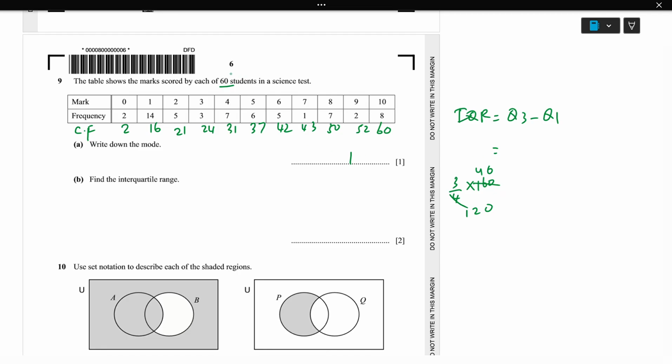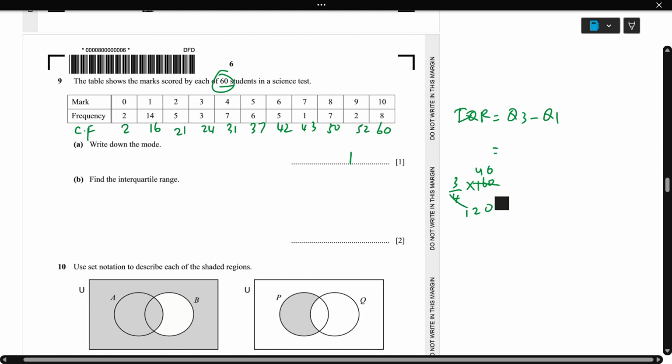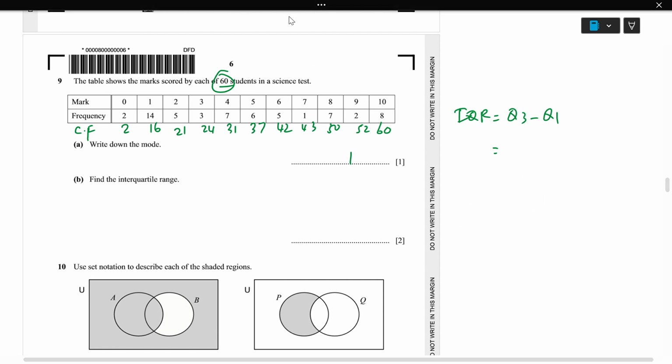Sorry, it's not 160, it's 60. Sorry, that's my mistake. 3/4 of 60 is going to be 15 times 3, which is 45.